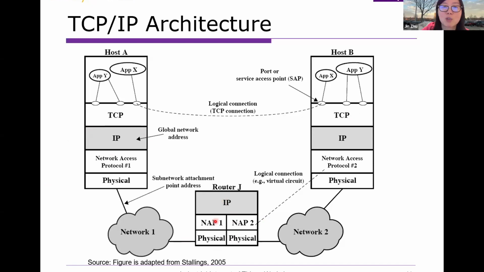They use the IP address information to determine the routing path, so they know where to route this IP packet. So this is the overall TCP/IP architecture.